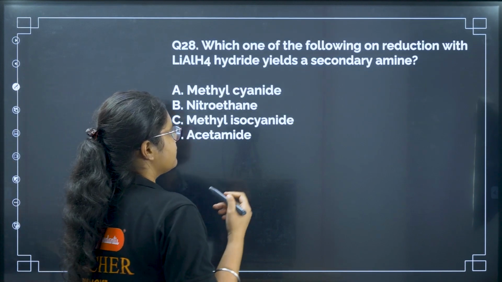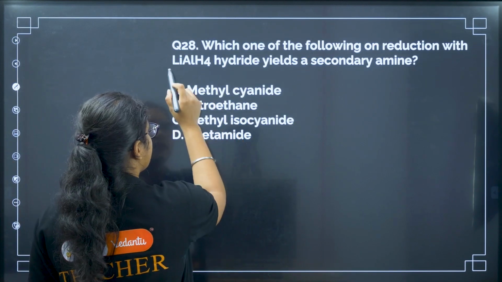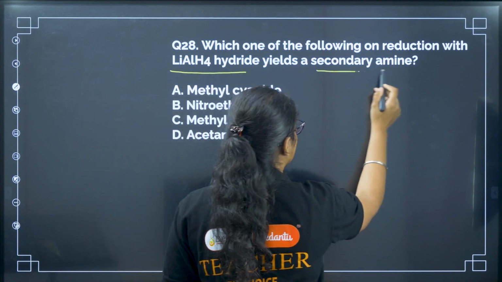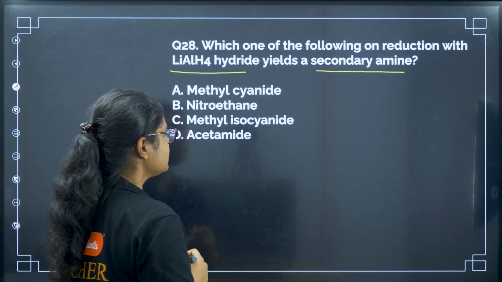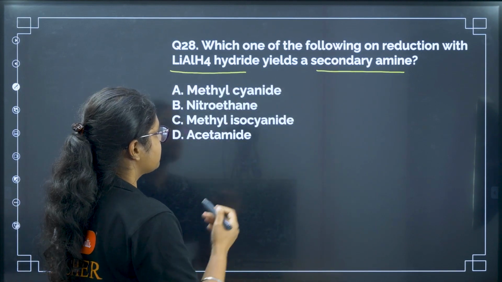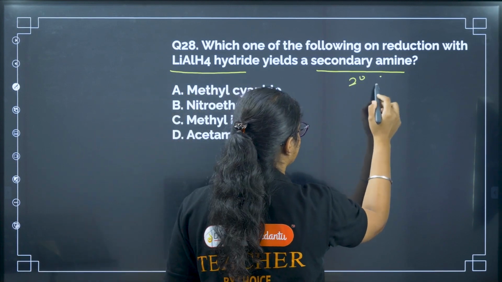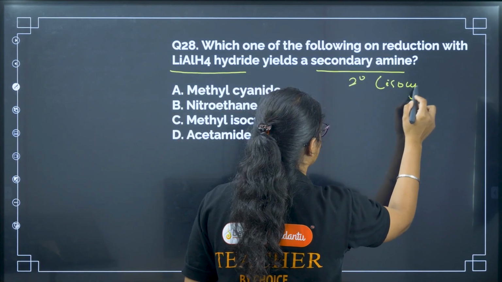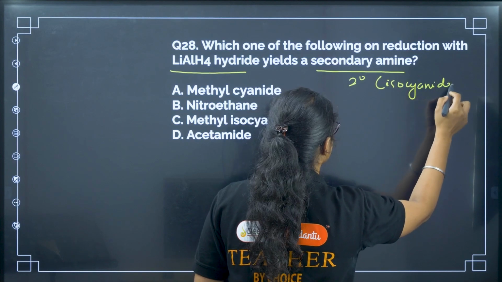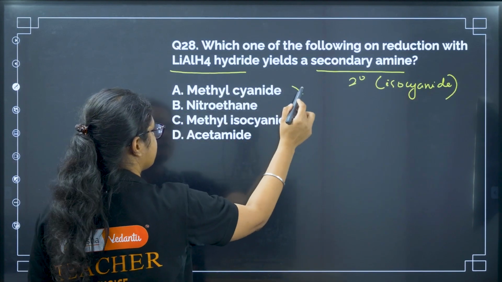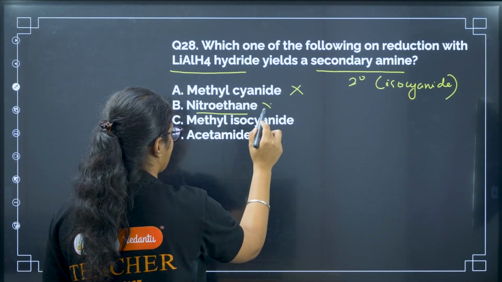Next, which one of the following on reduction with LiAlH4 yields a secondary amine? So for that we need an isocyanate group. Isocyanate group will give you secondary amine. So methyl cyanide will give you primary amines, nitroethane will not give you.